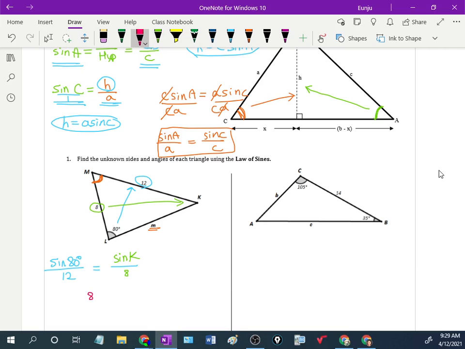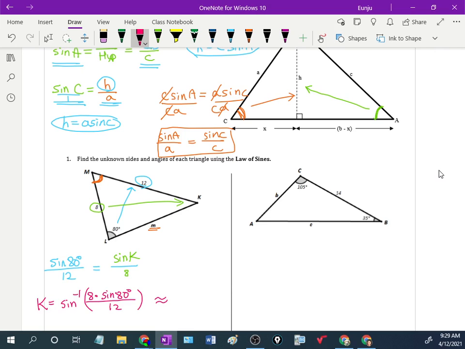So I will do 8 times sine 80. That's multiplication, right? And then we will divide both sides by 12. And then I'm looking for the K value, so I need to use the inverse of the sine function. I put everything together because we are good at cross multiplication.